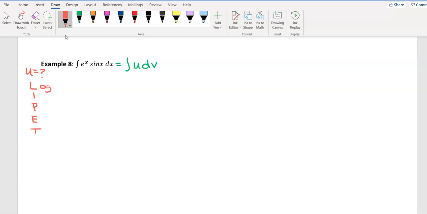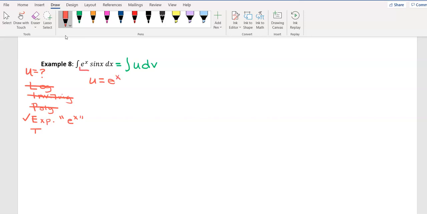Do we have a log function? No. Do we have an inverse trig function? No. Do we have a polynomial function? No. Do we have an exponential function? The answer is yes. We have an exponential function. It is e to the x. So that's what we're going to define as our u. u is equal to e to the x.